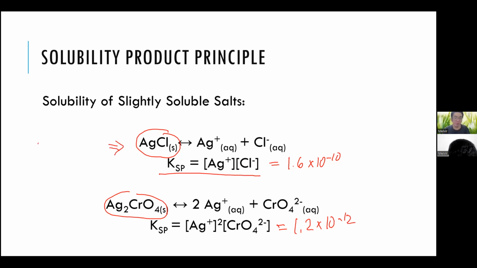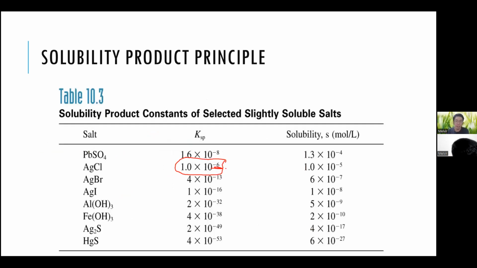Based on Ksp alone, this is more soluble. However, practically speaking, AgCl is still insoluble in water. Please remember that, it's still insoluble in water. However, that's the comparison: comparison-wise, AgCl is more soluble than Ag2CrO4.